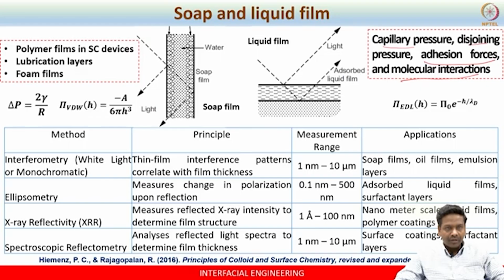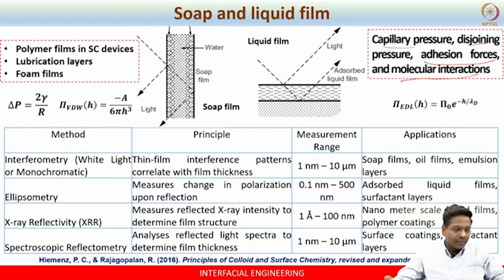But each method has limitations, as in these methods are applicable only in a particular measurement range. So depending on the measurement range, one has to pick the suitable method.